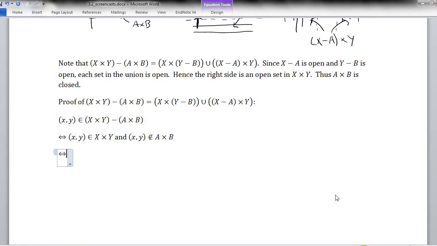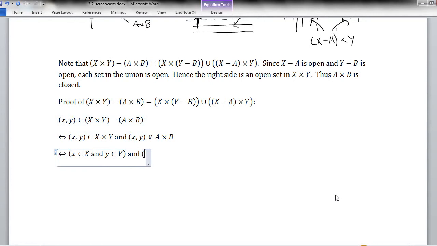And that, in turn, is equivalent to, well, what does it mean that (x,y) is in X times Y? It means that x is in X, and y is in Y. Right. So we have that, and then what does it mean that (x,y) is not in A times B?